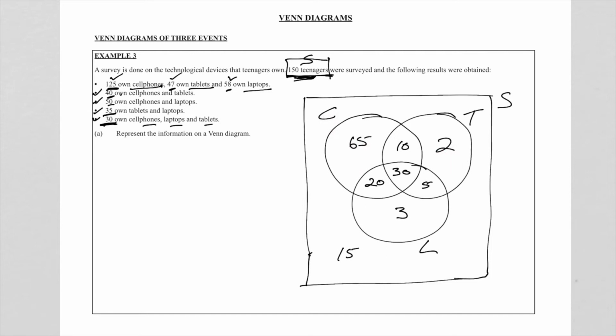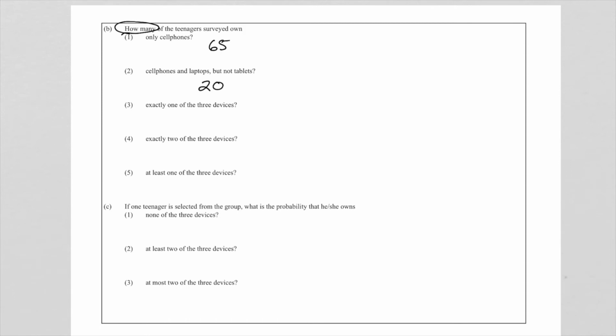The 2, that is the ones who own tablets only. And the 3, those are the ones who own laptops only. So that means we're going to take the 65 plus the 2 plus the 3, which is equal to 70. So this answer then will be 70. And that is exactly one of the 3. So we only want those who own one device only.